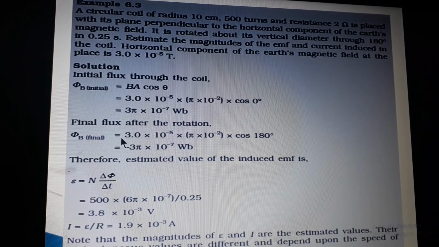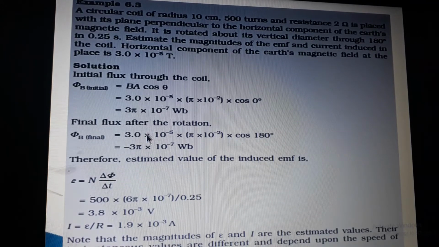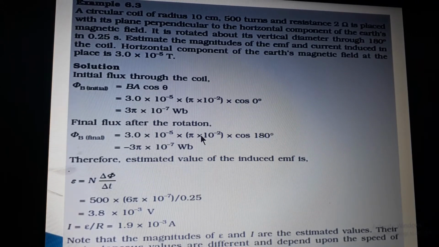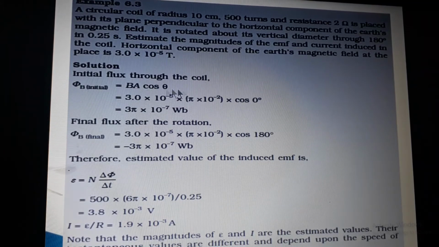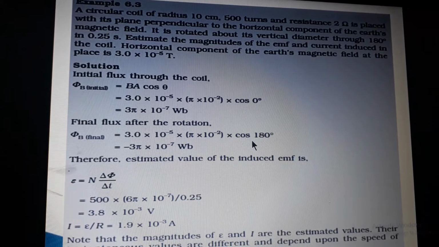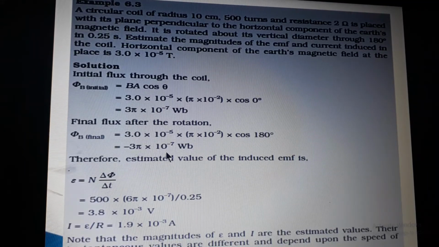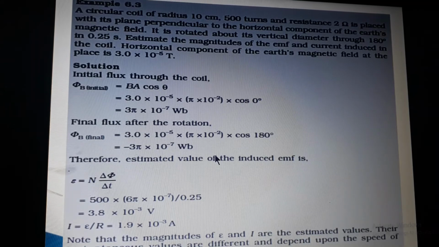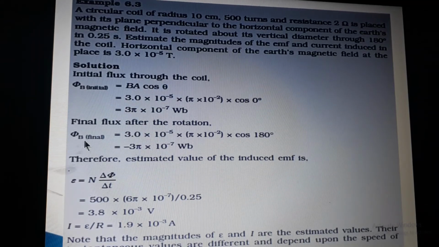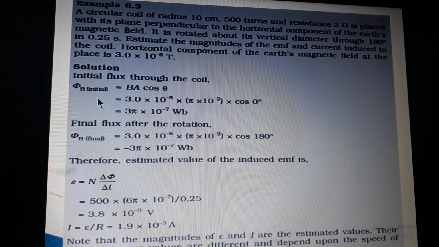The rest is the same because the formula is BA cos theta. But cos 180 is equal to minus 1, so you will get minus 3 pi into 10 raised to minus 7 Weber. In this way you get phi B final and phi B initial.